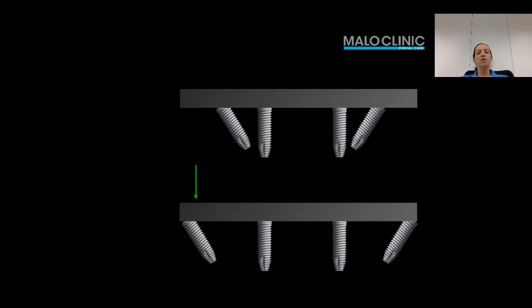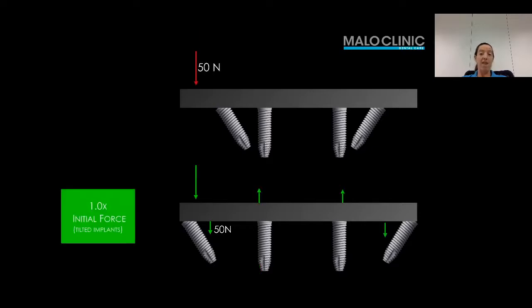So at the end, if we can use a tilted implant and by that avoid as much as possible the type of cantilever, well, actually it will be very beneficial.